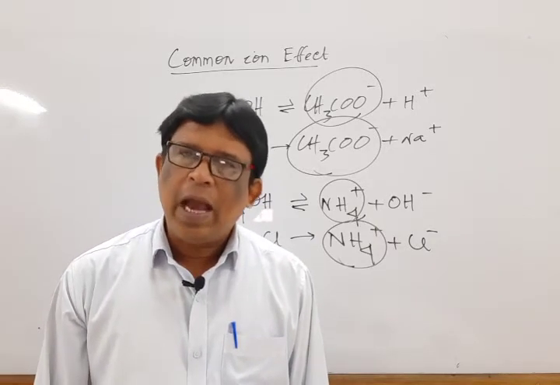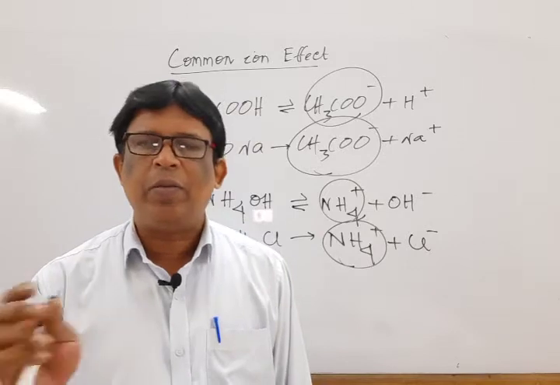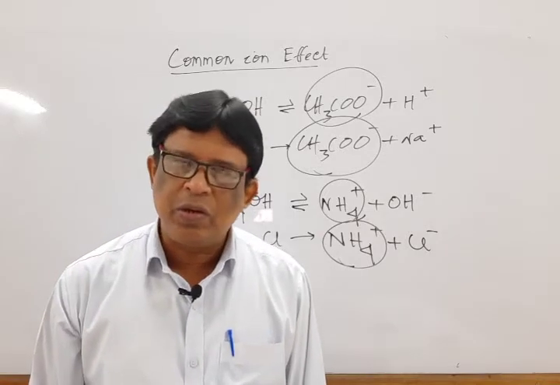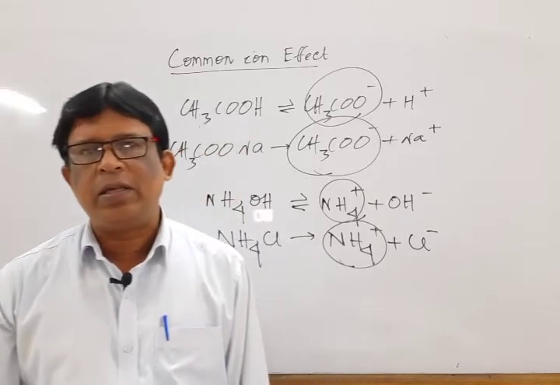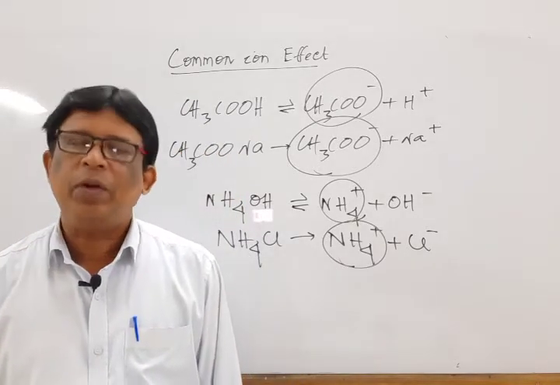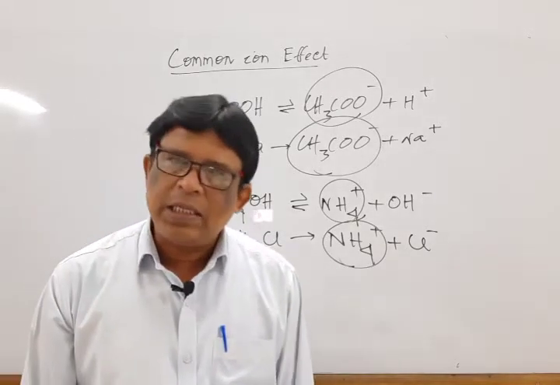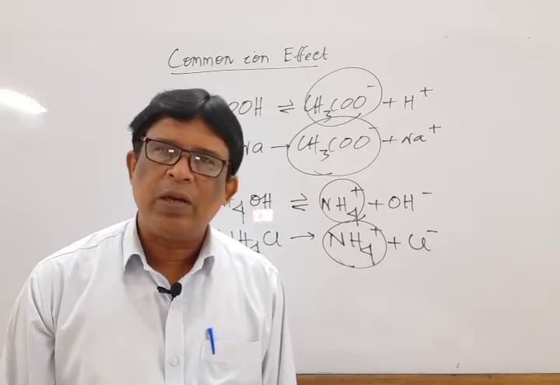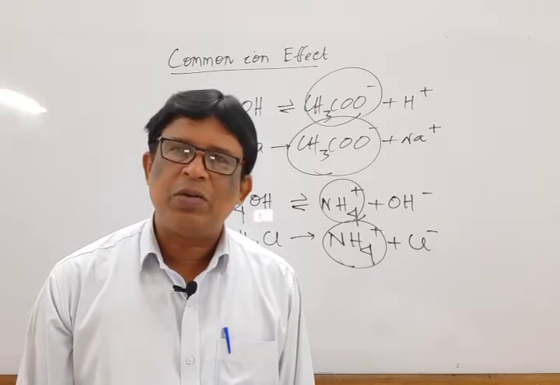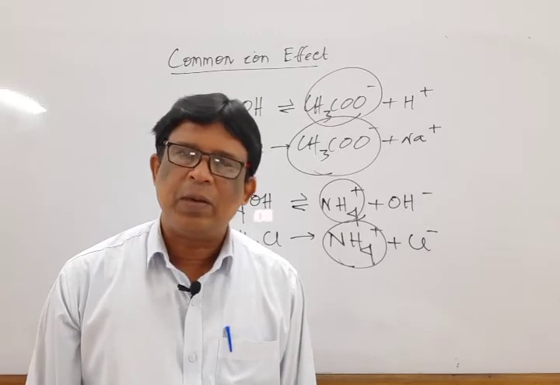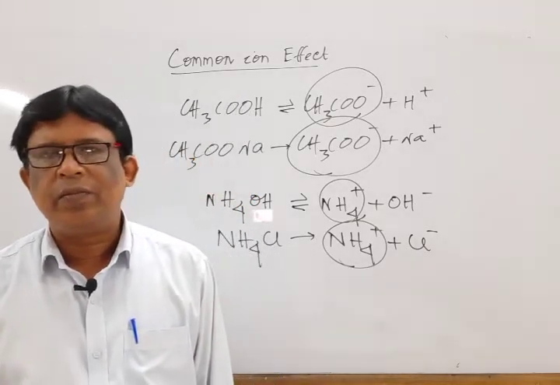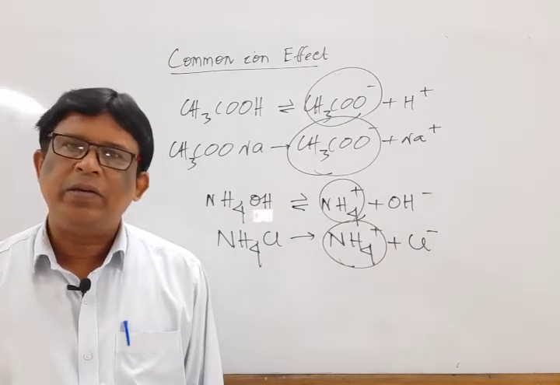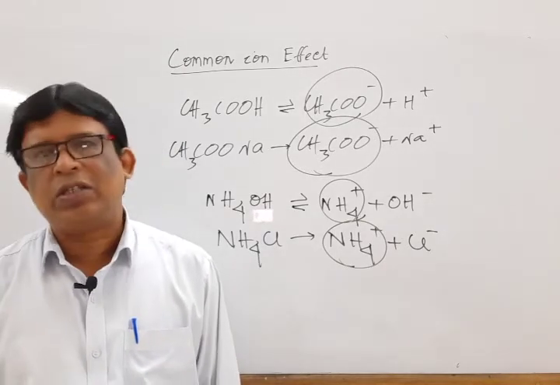Point 2, if ionic product is equal to the solubility product, then the solution is known as just saturated solution and no precipitation takes place. And point 3, if ionic product is less than solubility product, then it is known as unsaturated solution and no precipitation takes place. It is one application. Second application is the relationship between solubility and solubility product.